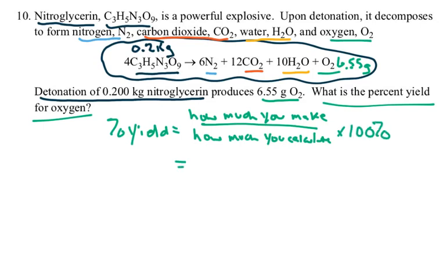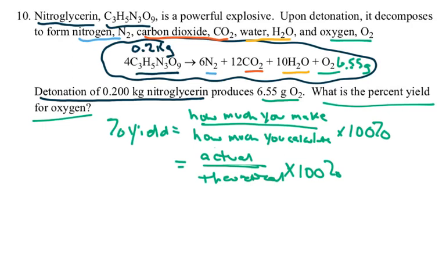In other words, to think about it is actual over theoretical, times 100%. Actual over theoretical is a better way to say it. So let's say actual: how much you actually make over how much you theoretically make.